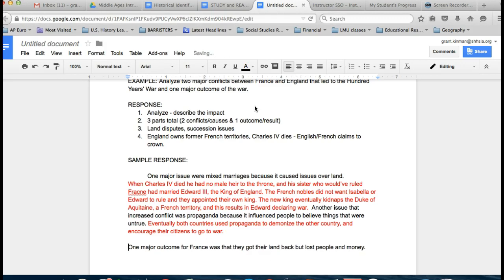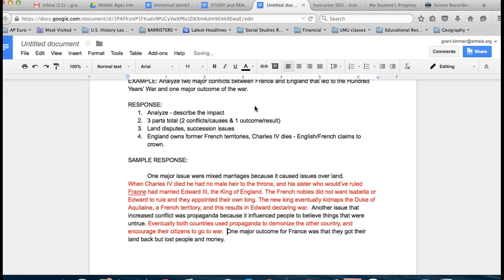That works for enough analysis. We could take it deeper, but we're going to stop there. One major outcome for France was that they got their land back, but lost people and money, and then we got to think about how does this impact the future. So, just thinking about that in general, France would struggle for years to recover from their losses.